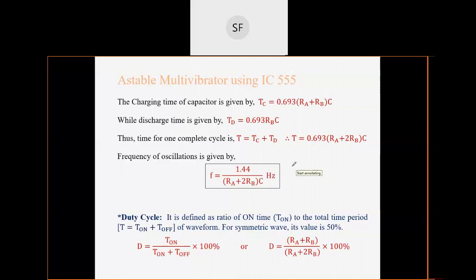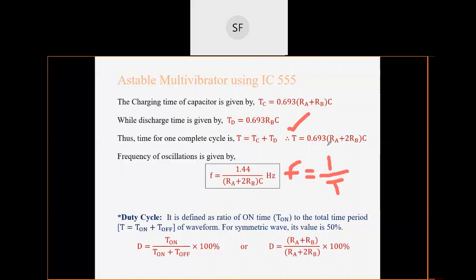That means your frequency is nothing but the reciprocal of your time period, f equals 1 by T. Okay, so when you do that, frequency is nothing but 1 by this time period.